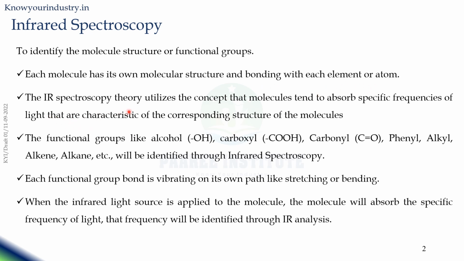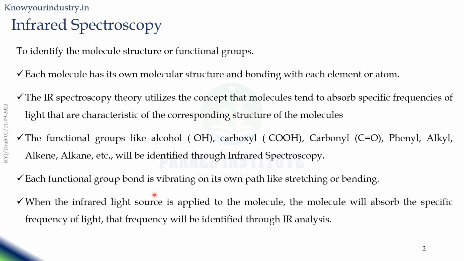Infrared spectroscopy utilizes the concept that molecules tend to absorb specific frequencies of light that are characteristic of the corresponding structure of the molecules. The various functional groups in chemical compounds like alcohol, carboxyl group, carbonyl group, phenyl group, alkyl group, alkene group, etc. can be identified through this infrared spectroscopic method.